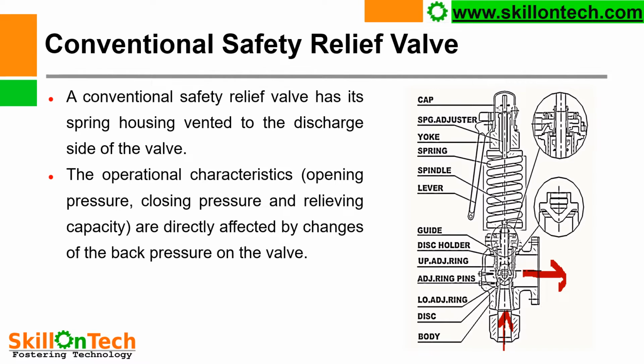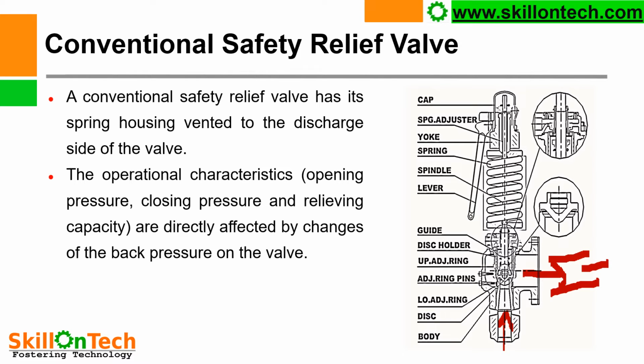The operational characteristics, opening pressure, closing pressure, and relieving capacity, are directly affected by changes of the back pressure on the valve. The back pressure in the system is due to the vent header, which is connected to the discharge side.